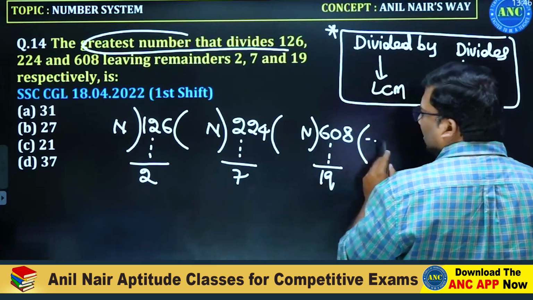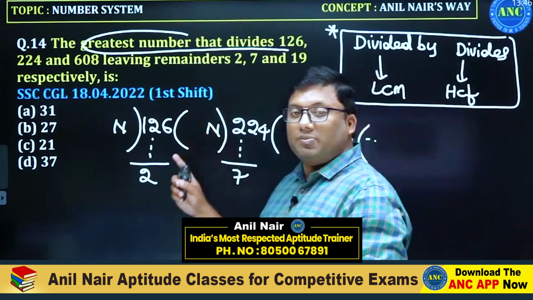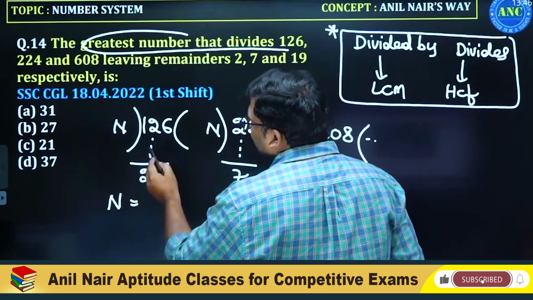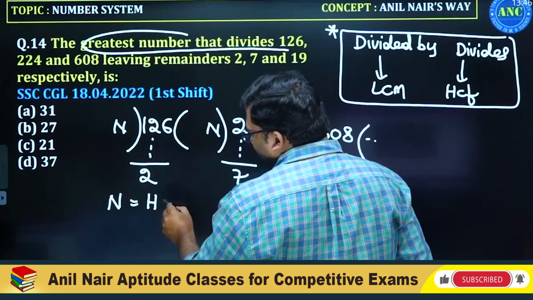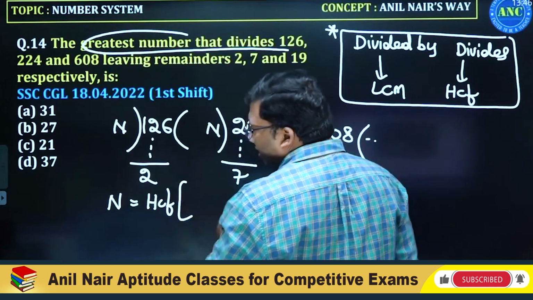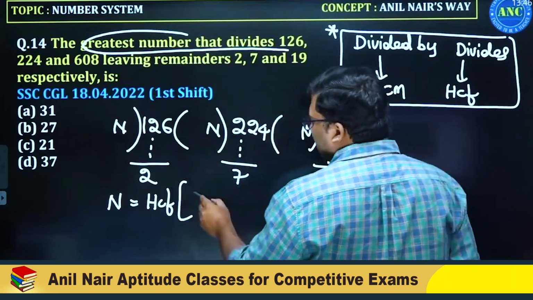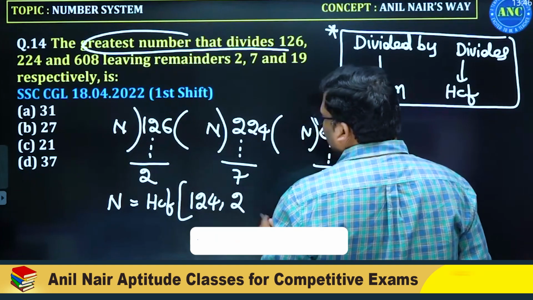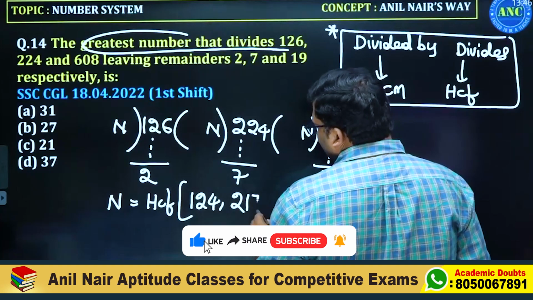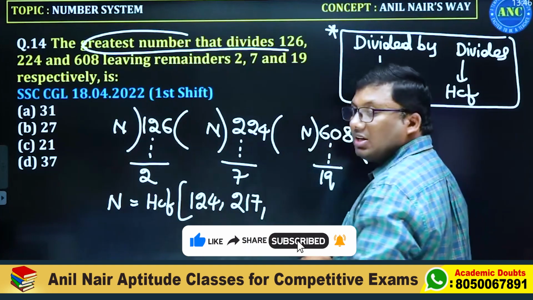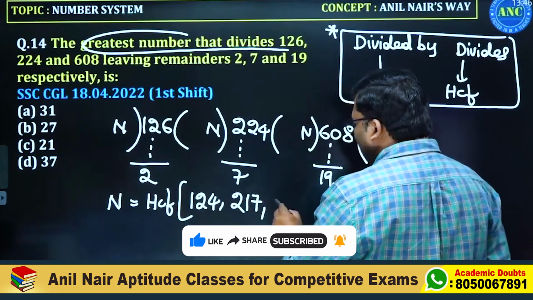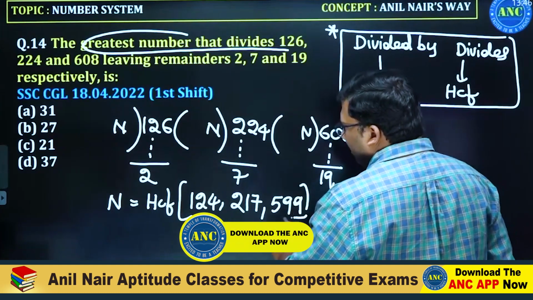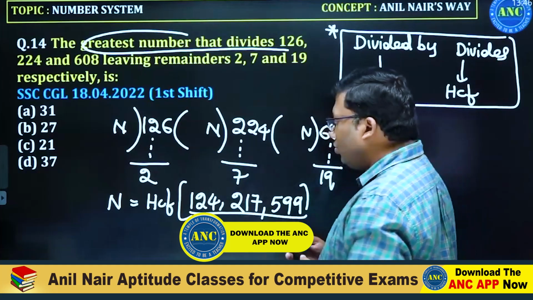What will be the idea? 126 minus 2, the answer will be a factor and the largest, so the answer will be the HCF of 126 minus 2, 124; 224 minus 7, it is 217; 608 minus 19, it is 599.